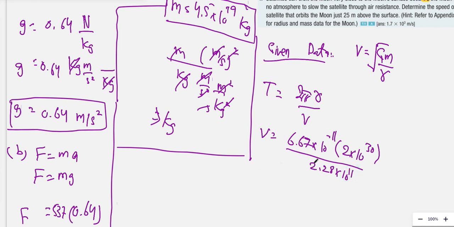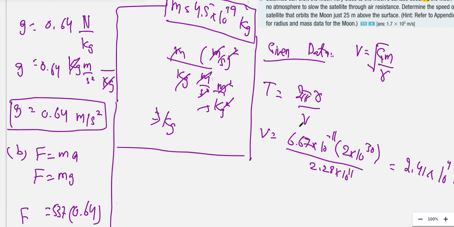Then we can simply get the value of speed; let me solve it on the calculator. It will be 2.4128, but I am rounding it to three significant figures, 2.41 times 10 to the power 4 meter per second. So this is the value of velocity which we need to get.